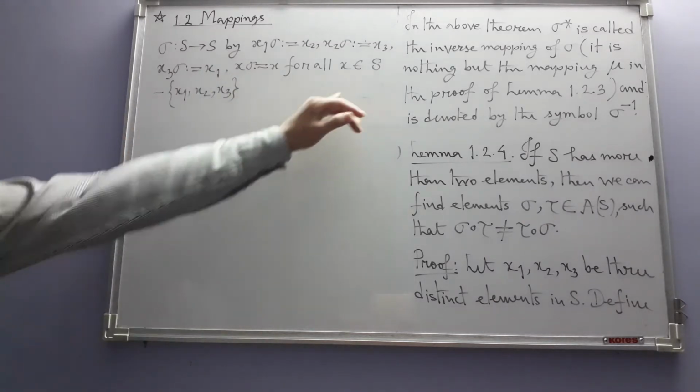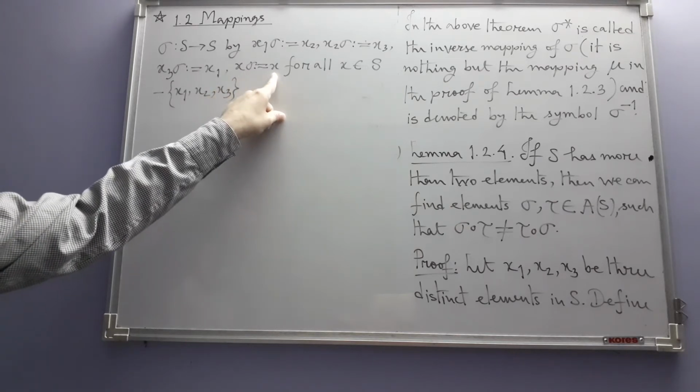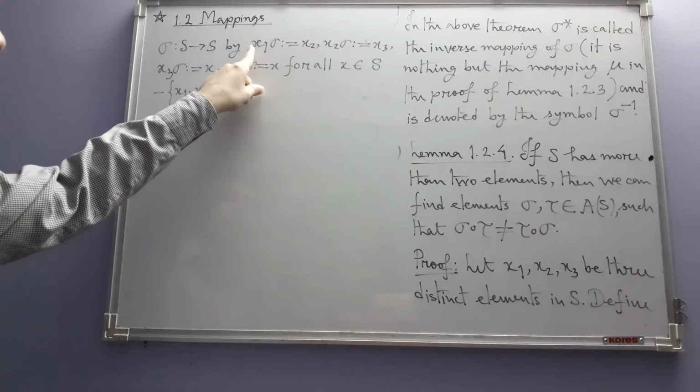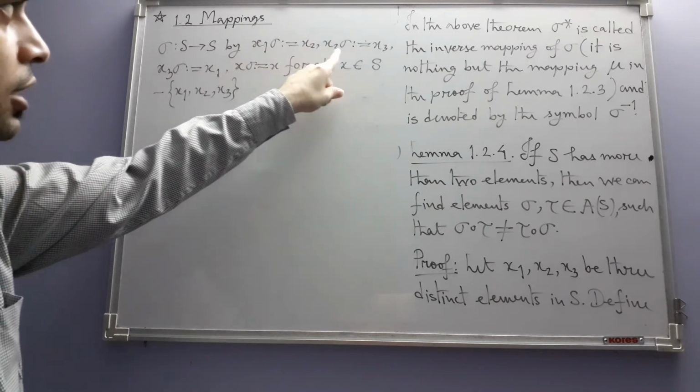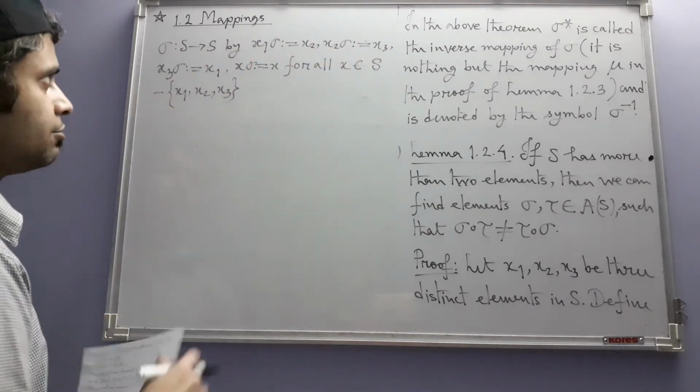Okay, if S has more elements, then they are not changed by sigma, and x1 is mapped onto x2, x2 onto x3 and x3 onto x1 by sigma. So that is the definition of sigma.